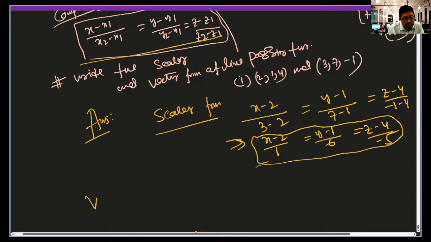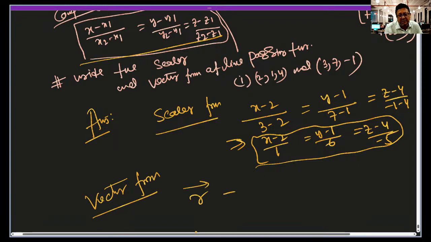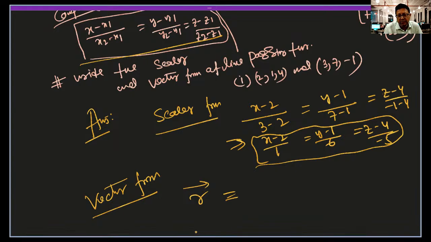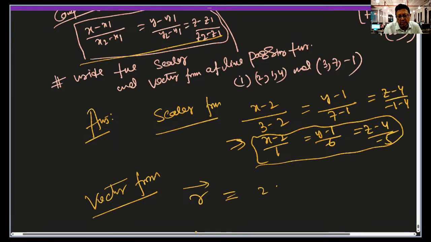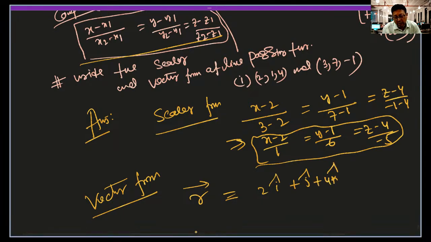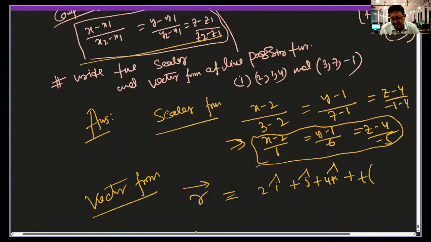And vector form: r equal to, from here we start writing a plus tb. A is what? A point on the line, 2, 1, 4, plus t into this thing: i plus 6j minus 5k. You agree or not? Yes. Clear?